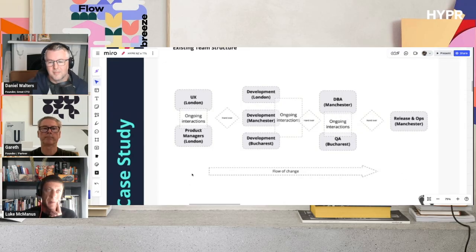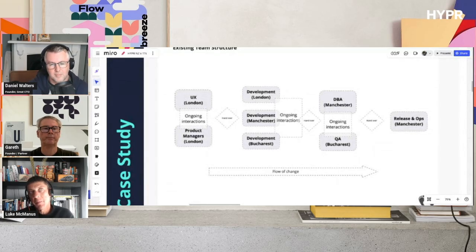So you build it, you run it. Ideas are coming from this side of the board. So we've got a UX team with a bunch of product managers. It's also important to note locations of teams, because that sometimes results in handovers and unnecessary interactions.